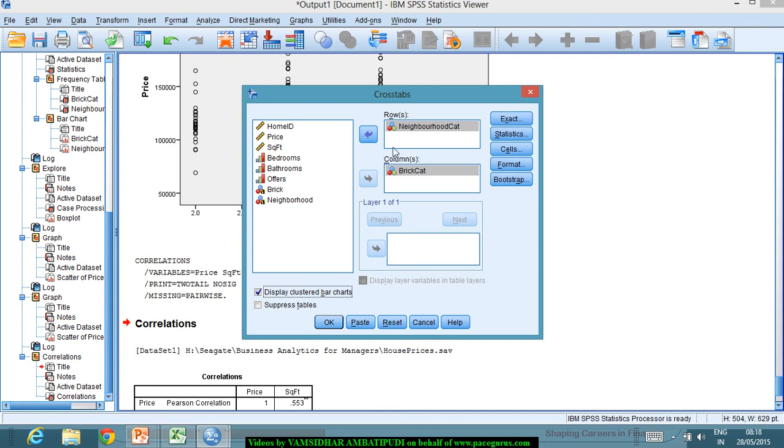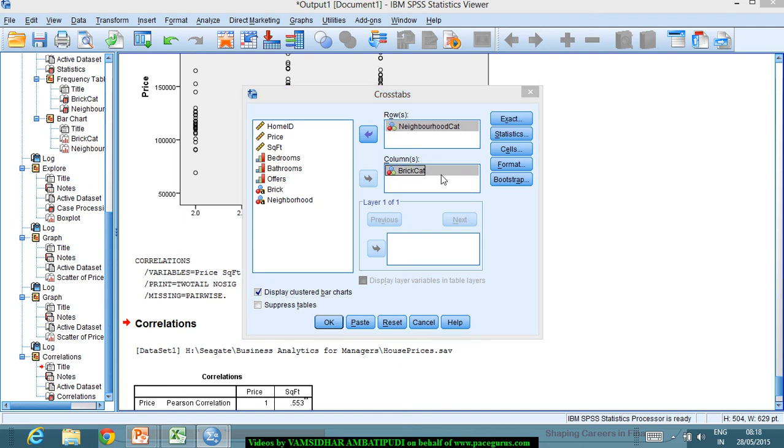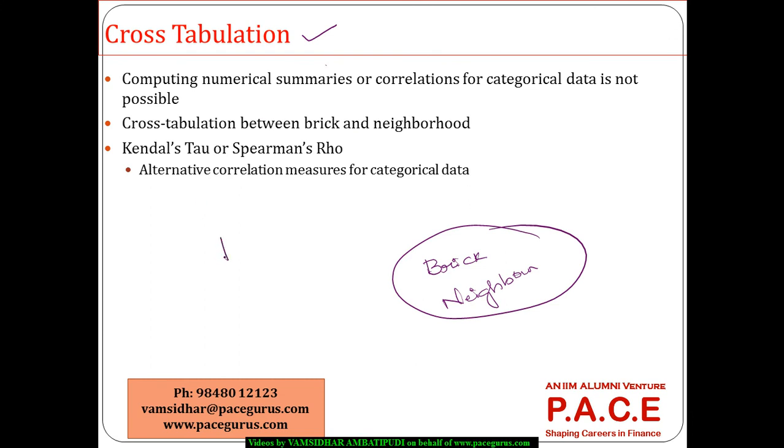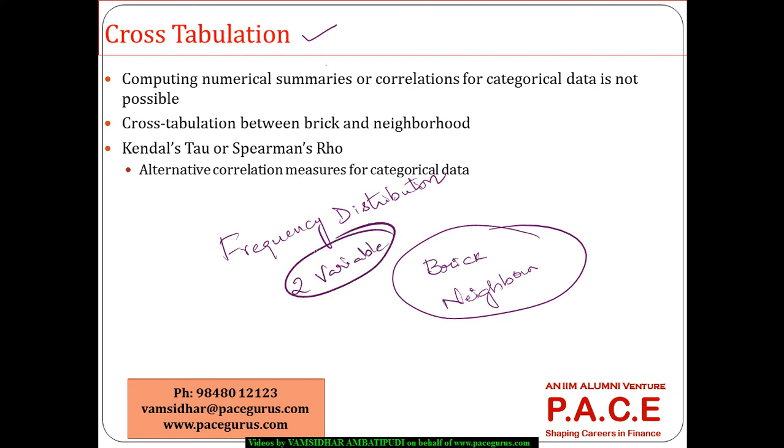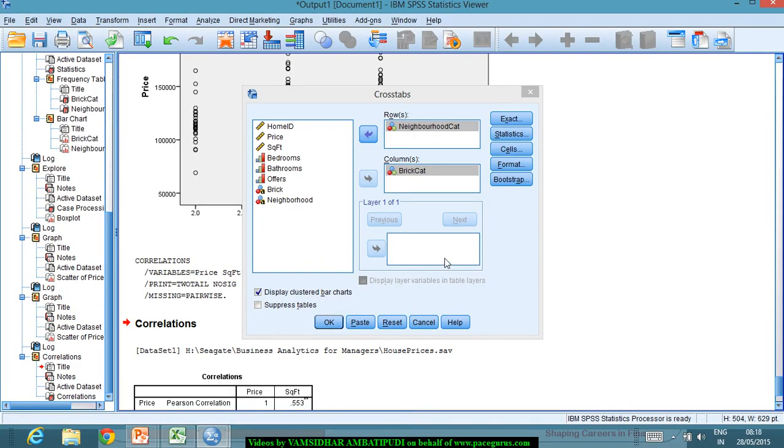If I have two categorical variables and I want to summarize them into a kind of frequency distribution, you can visualize this cross tab as a frequency distribution with two variables taken together, not a single variable. So I'll just say which one should come in the row, which one should come in the column.